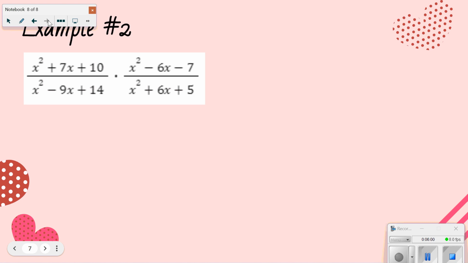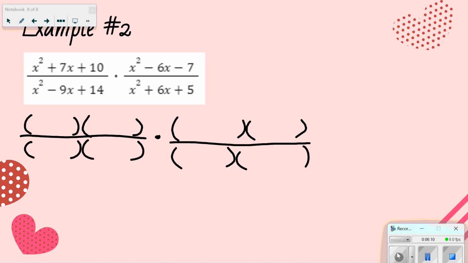Give you a moment to jot down our second example, and then how do you get started? Factor. All right, let's see what you found for those factors. Somebody tell us, what did you find the first fraction's numerator factors into? What did you see, Yalda? x plus 2.